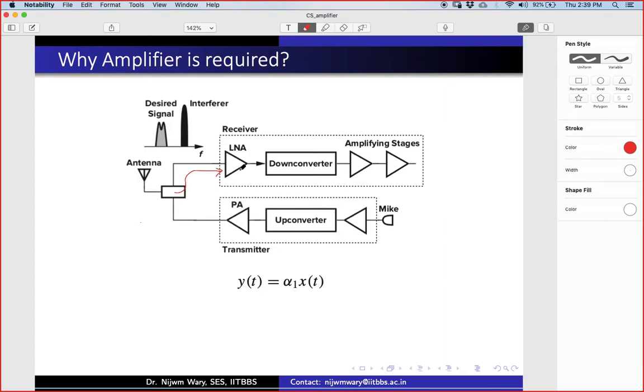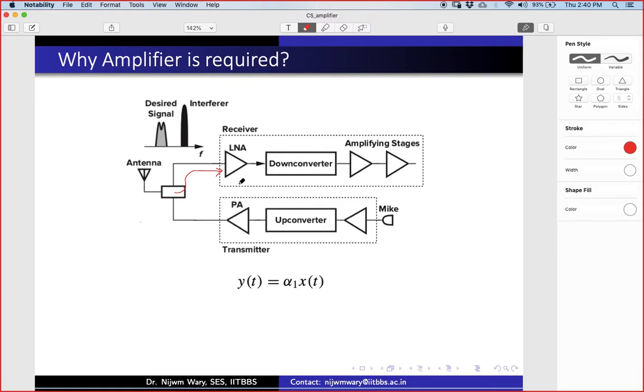What it means is, the amplifier itself will have some noise. That also maybe we'll learn eventually, that when we are designing an amplifier, the MOSFET also generates some noise. But that noise is really of very small order, maybe millivolt or microvolt. But still, since we are receiving a very weak signal, like if the tower is far, the signals are quite weak.